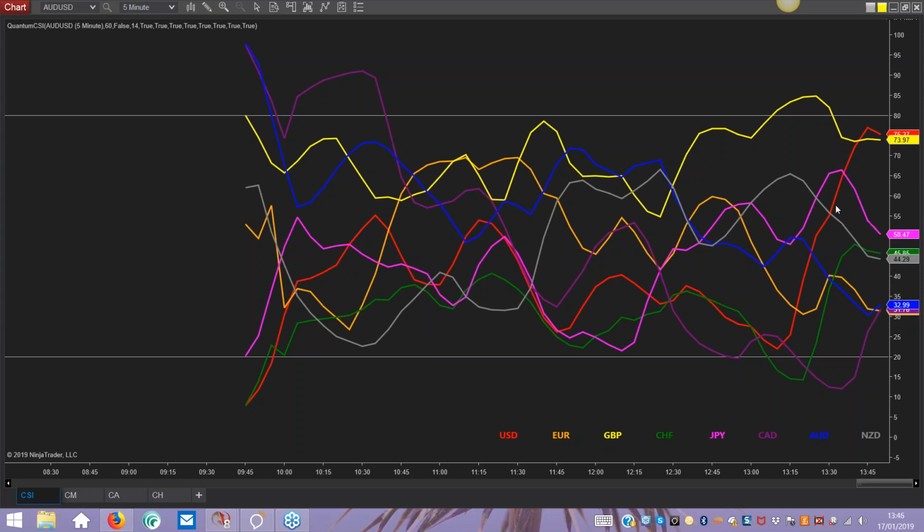So in looking at the dollar, if you were looking at that point for a trading opportunity, then you're looking for a currency that is moving in the opposite direction, hopefully with similar sort of strength to the downside.